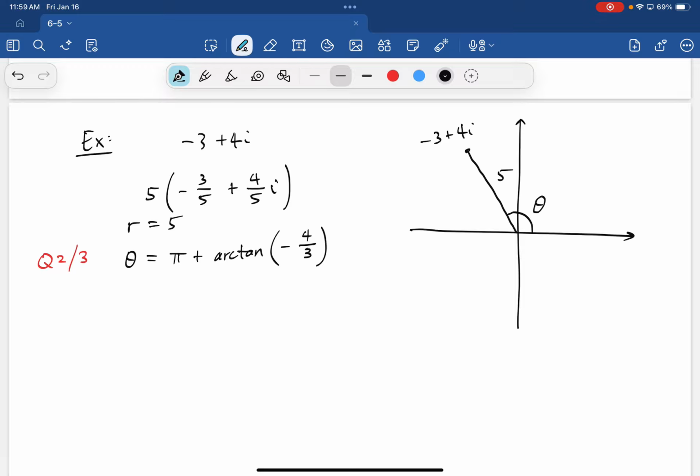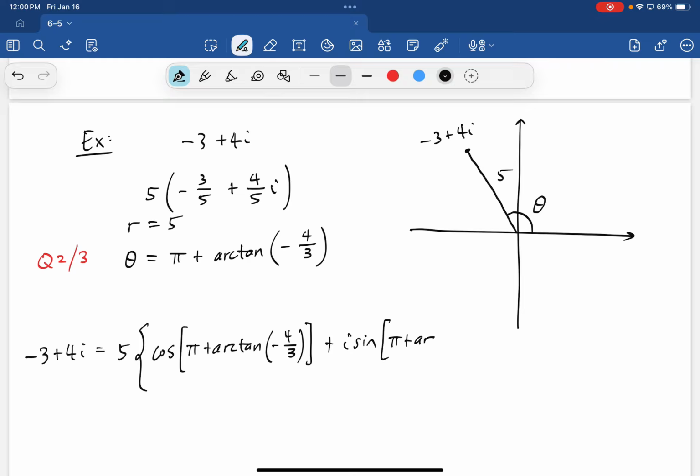Hold on, what was the alternate formula for quadrants 1 and 4? There's no pi, it's just arctan. Just arctangent. Oh, gotcha. Okay, so our final answer would be 5 times cosine of pi plus arctan -4/3, plus i sine of pi plus arctan -4/3.